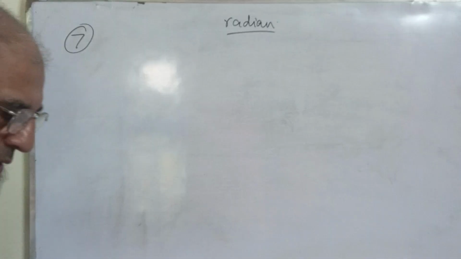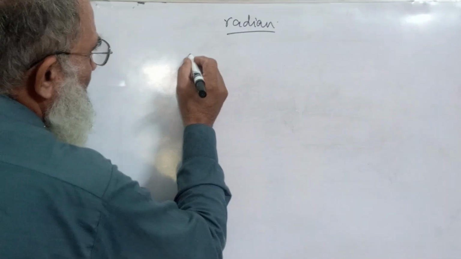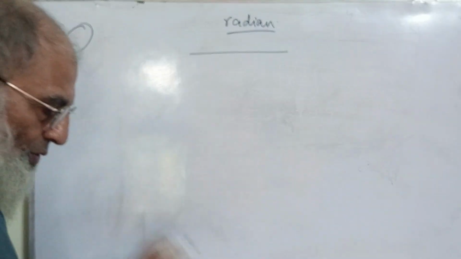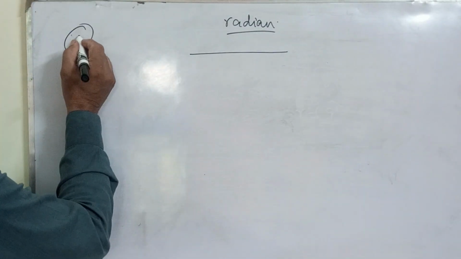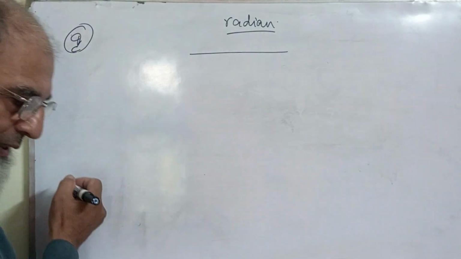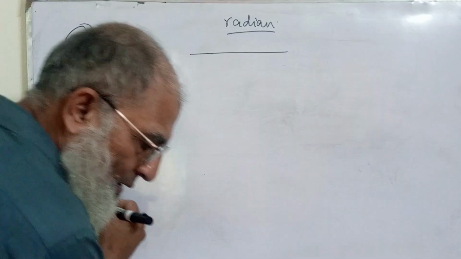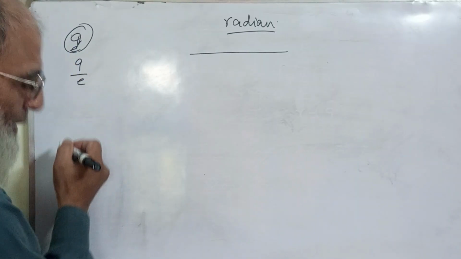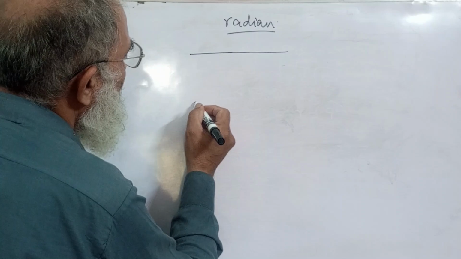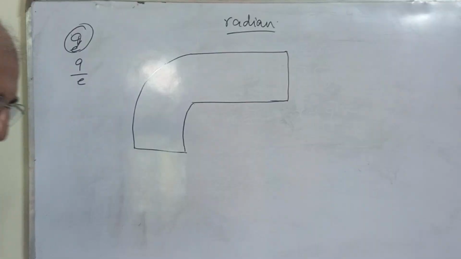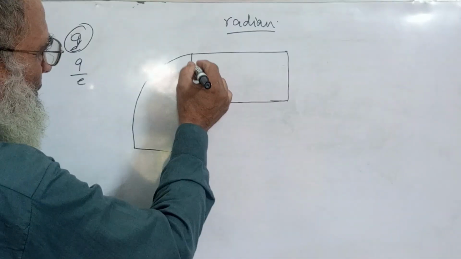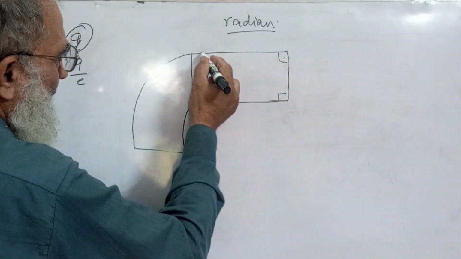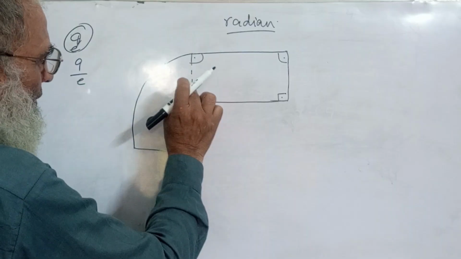The other method. There is a very interesting question now, and it is question 9C, 9E part. This is the figure given to us, and this is also given with the total.